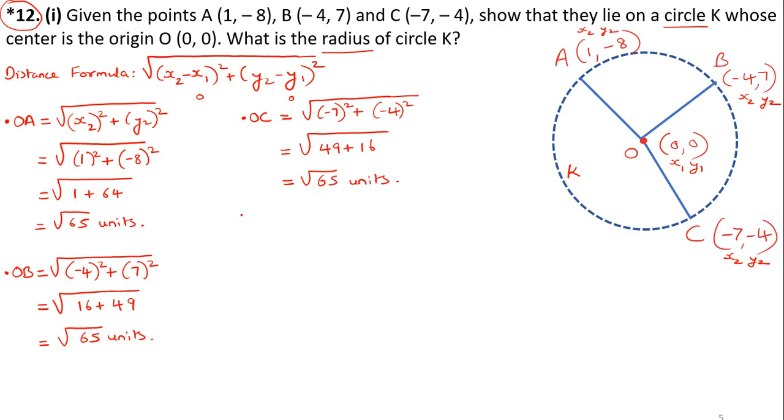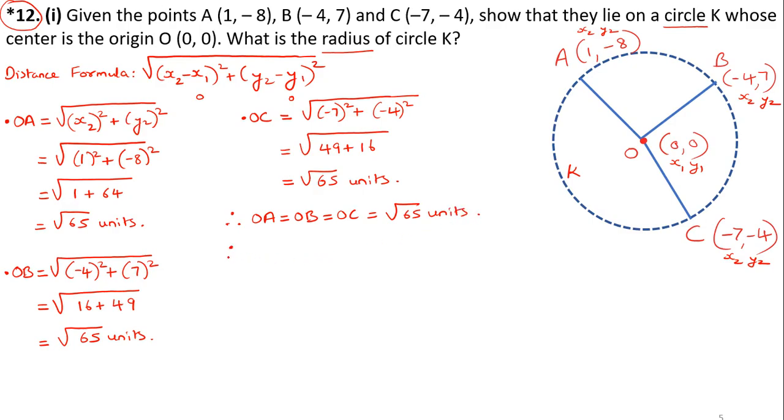So now if we see here, we can write in this. Therefore OA is equal to OB is equal to OC, and everything is equal to under root 65 units.